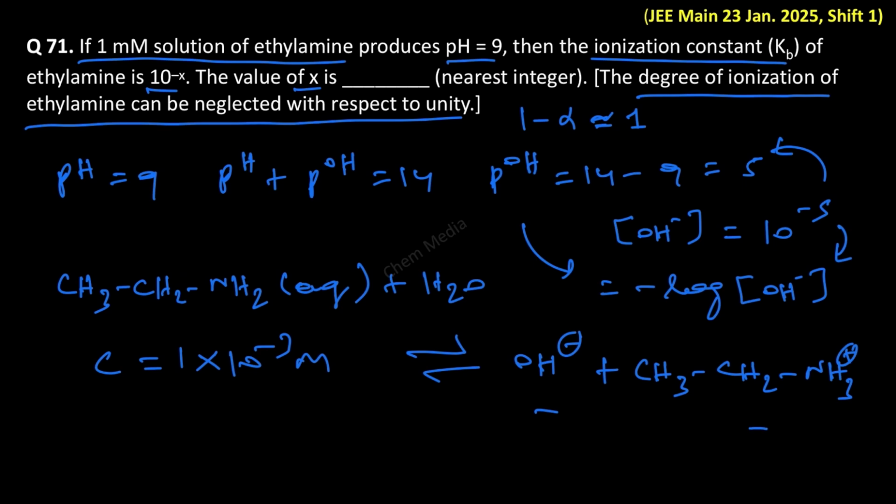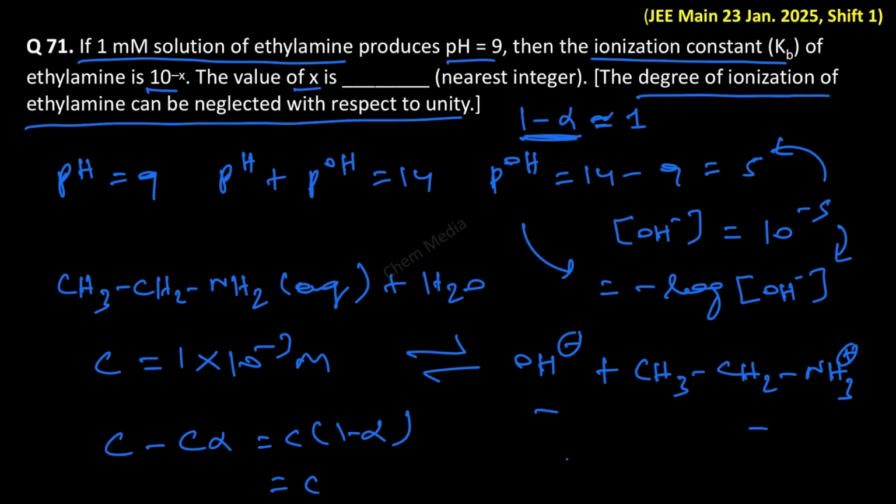But at equilibrium, the concentration of ethylamine will be C minus C alpha, which we can write as C times 1 minus alpha, and we know that 1 minus alpha is approximately equal to 1. So even at equilibrium, we are going to take the value as simply the concentration.